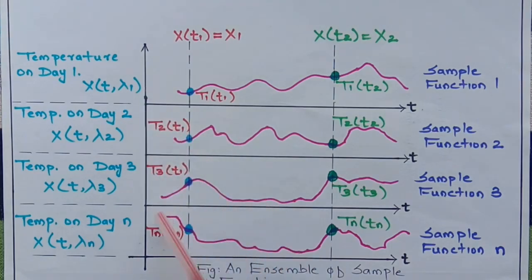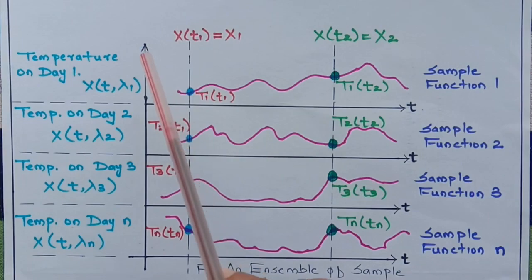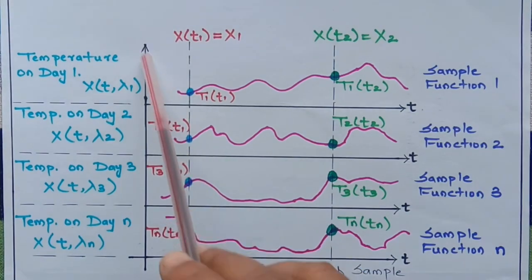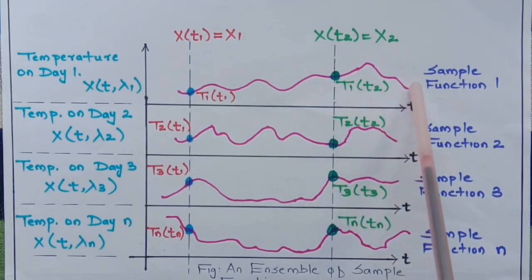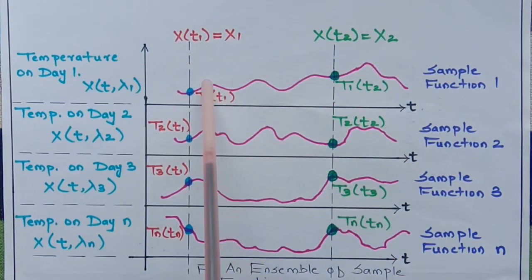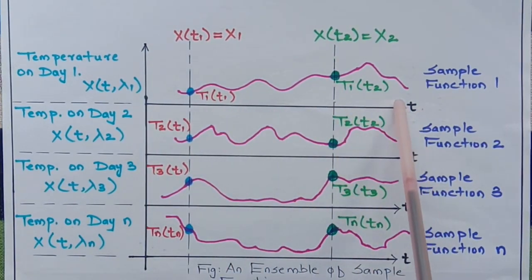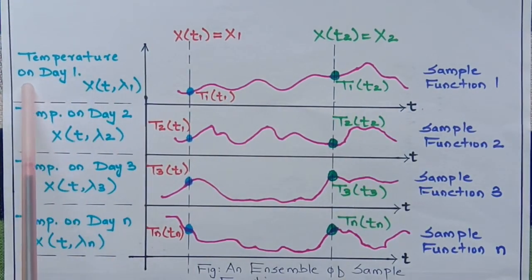Now see this figure. Basically this is a graph of temperature with respect to time. This graph is nothing but the temperature variation with respect to time on day 1.